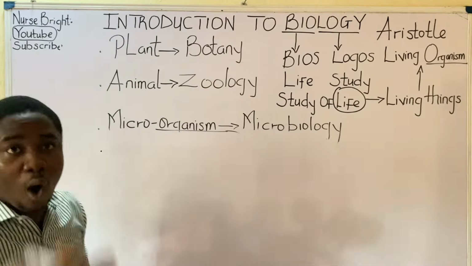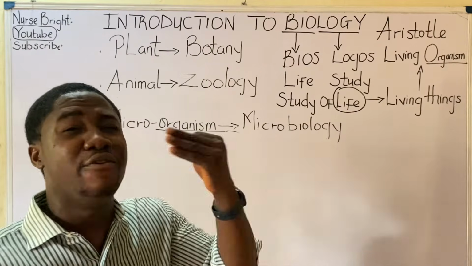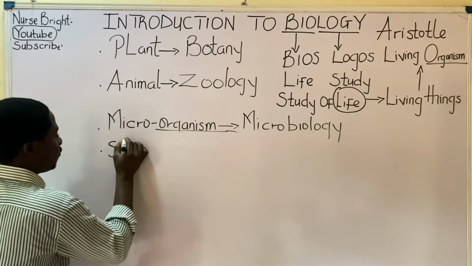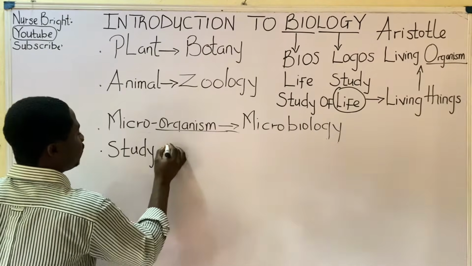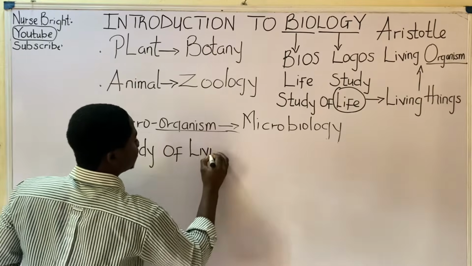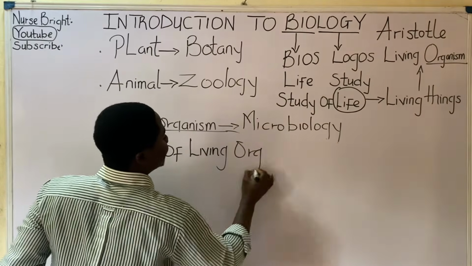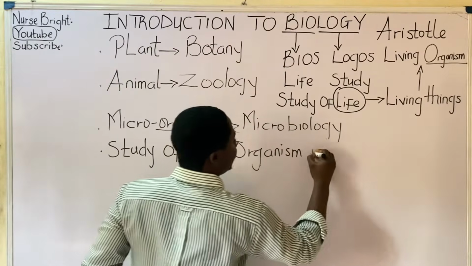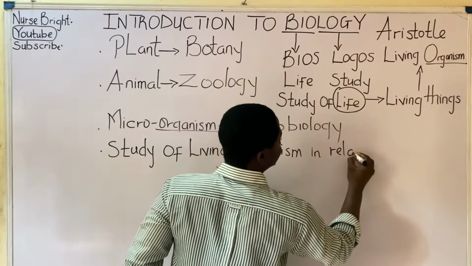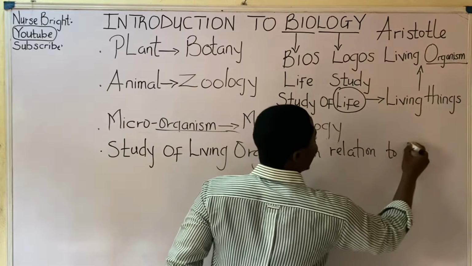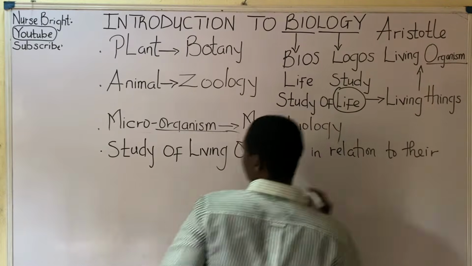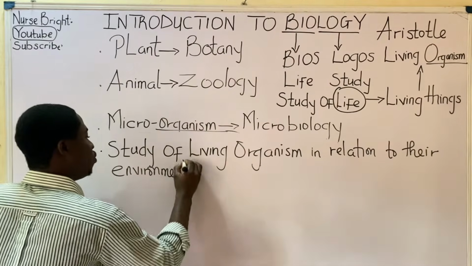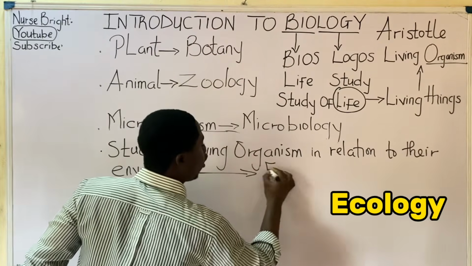When we study living organisms in relation to their environment, we call that something. So the study of living organisms, which you already know fall into three groups, in relation to their environment, we simply call that ecology.